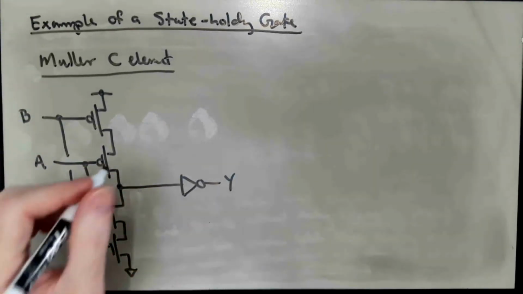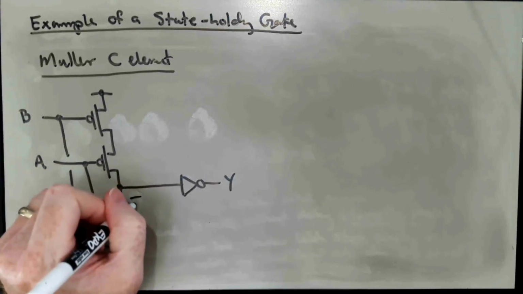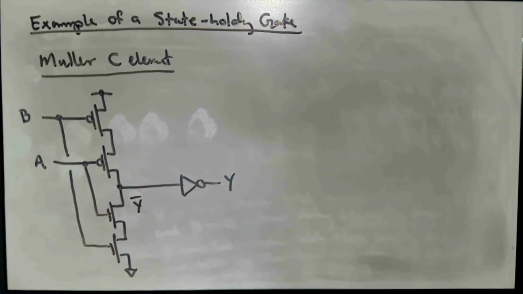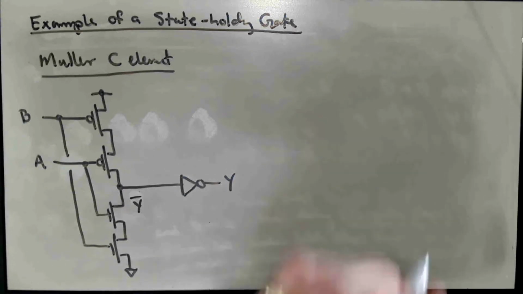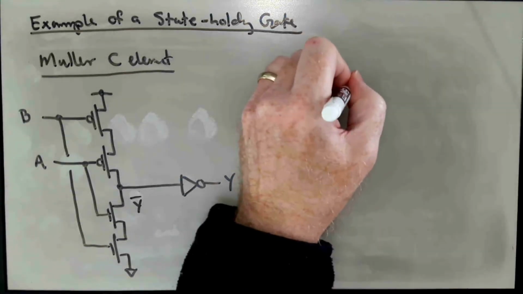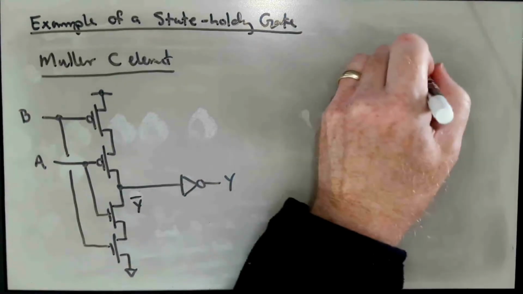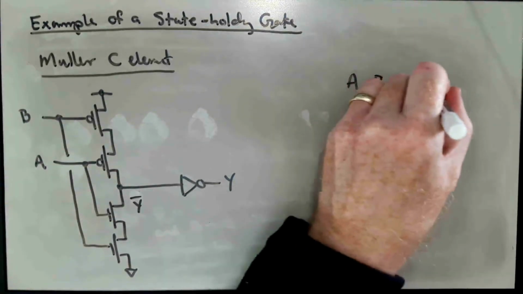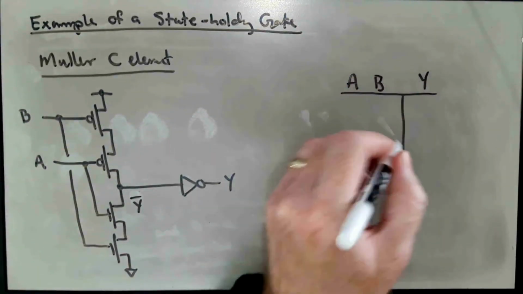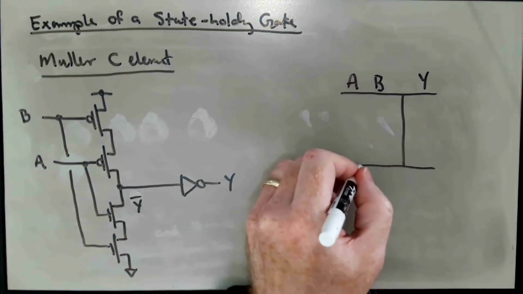And so we're going to want to go through the truth table of this gate and see where its output is driven and where its output is state holding. Okay, so we have two inputs here, A and B, and we have Y. So we have four combinations.